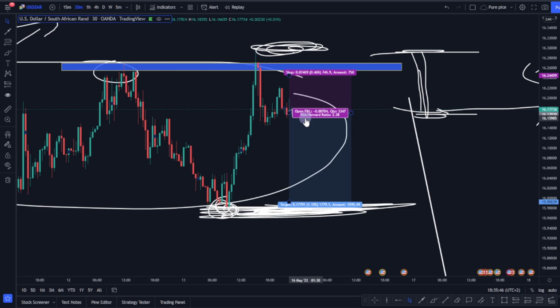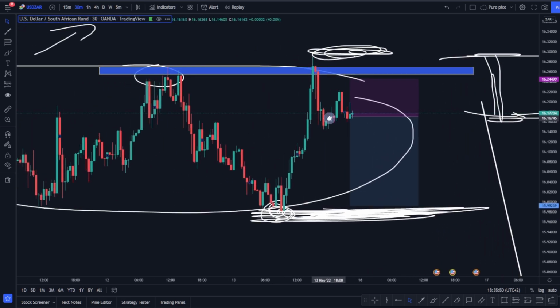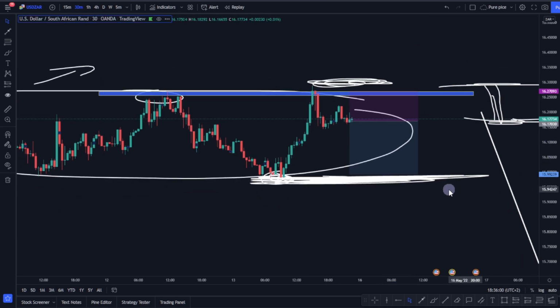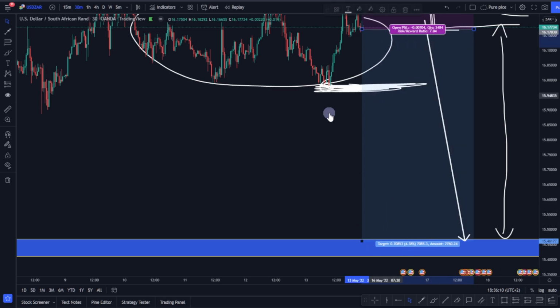Don't allow your targets to be narrow, but it's good for your risk to be narrow, because we don't want to lose a lot. So I'm going to put my stop loss there, but my take profit is not going to be determined by this time frame. My take profit is going to be determined by the 4 hour, and the 4 hour is telling me that it is likely that my take profit will be all the way down there.